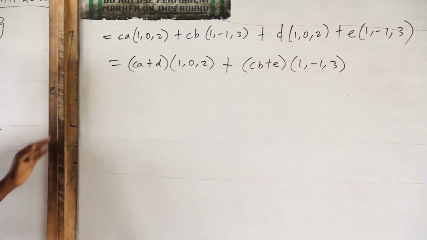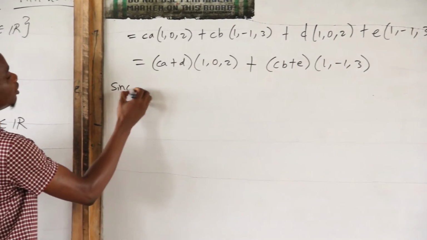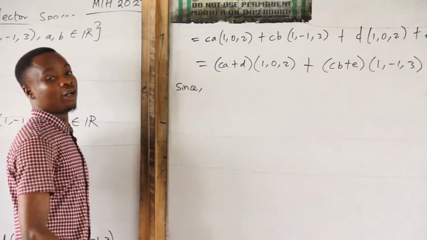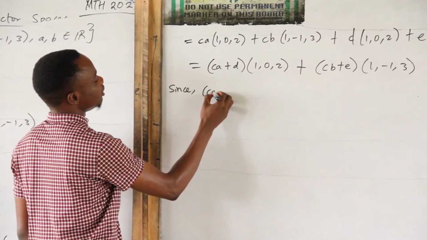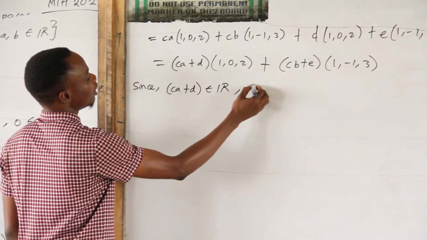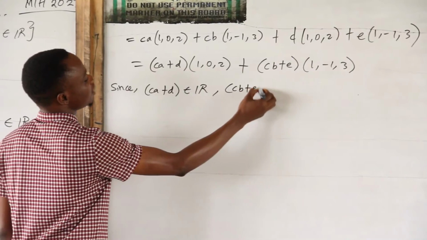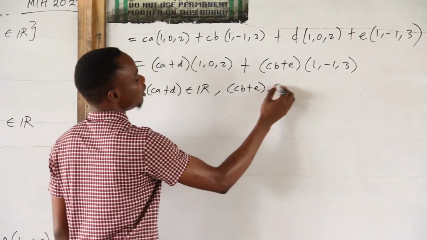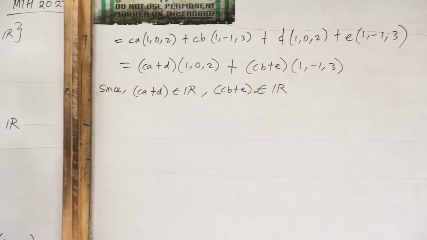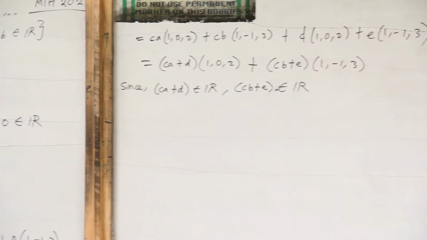Is it clear? So listen now, since C is a real number, A is a real number, D is a real number, all of them are real numbers, then it is obvious that CA plus D is also a real number. And CB plus E is a real number. Does that make sense to you? That's what they need to be for them to be an element of this set.